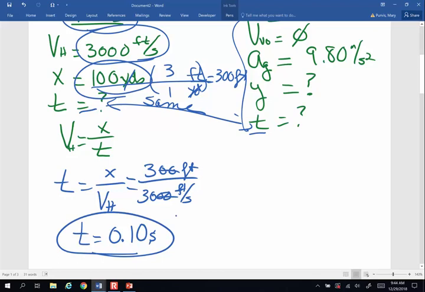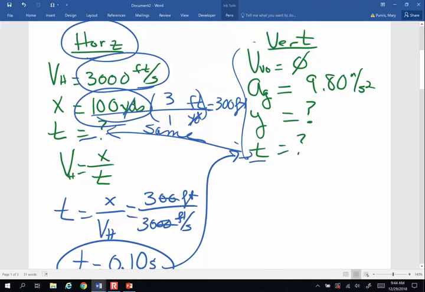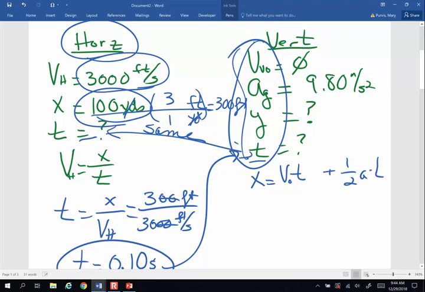Now that I've got that, I can shove that into my vertical information. And if I take a look at these variables, what equation kind of pops out at me? Well, it's going to be x = v0t + 1/2 at squared. Original velocity is 0, so this term goes to 0.